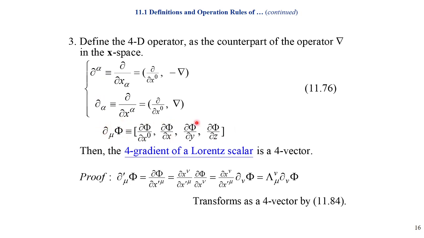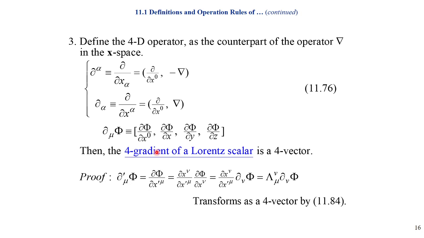This is very similar to three dimensions, but we have one extra term. Then the four gradient of a Lorentz scalar is a vector. How to prove that? The four gradient of a Lorentz scalar is a vector. That's a little bit surprising.